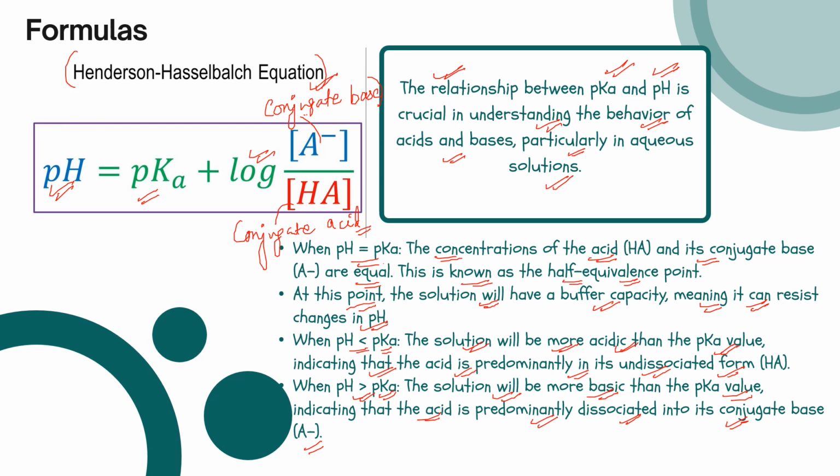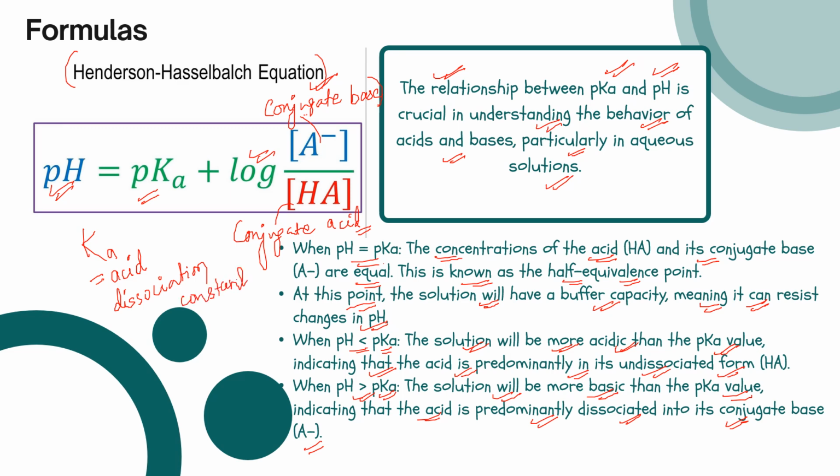So then comes, what is Ka? We have seen p, we have seen H, we have seen everything, but what is Ka? If somebody asks me what is Ka, Ka is basically the acid dissociation constant.